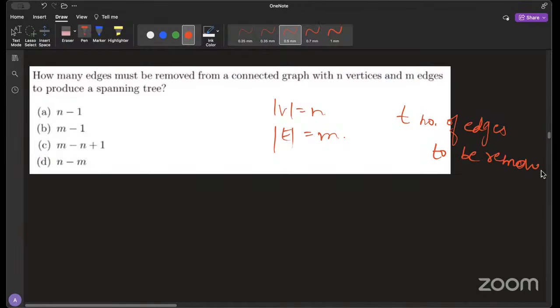We'll see that. Just give me 1 minute. Because there would be n minus 1 edges. Just give me a second and I'll be back. Just 1 minute.